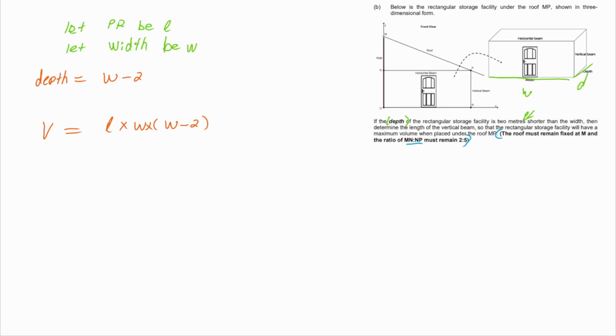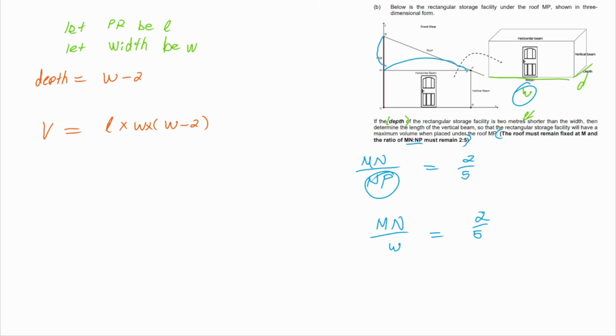So here is MN and here is NP. But we know NP is the same as our width. So we know MN over NP is equal to 2 over 5, and so MN over W is 2 over 5.